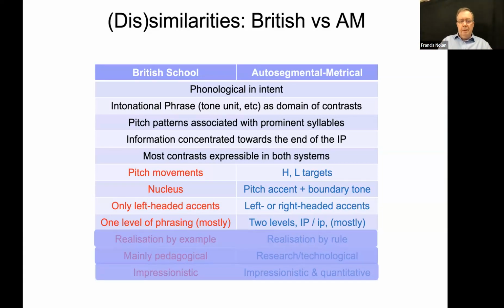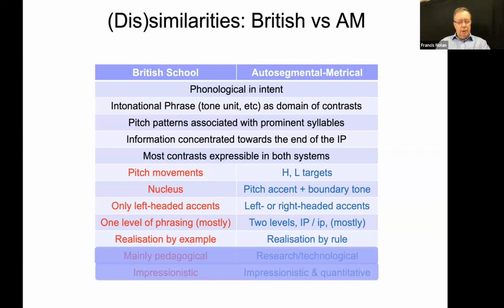The AM framework quite early on introduced at least two levels, so IP for intonational phrase, small ip, not ideal terminology, but small ip for intermediate phrase. British school did its realization by example, whereas the AM framework, in the age of speech synthesis, as well as computer speech analysis, was concerned to try to do intonational realization by rule.